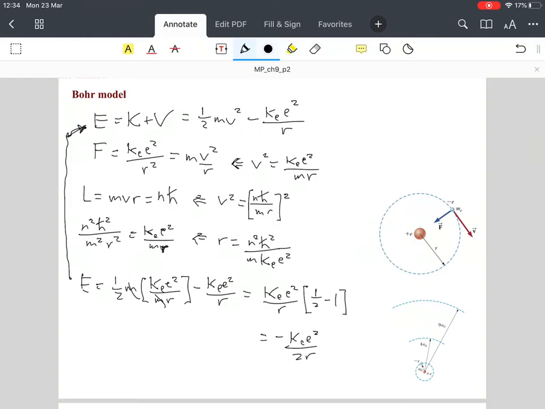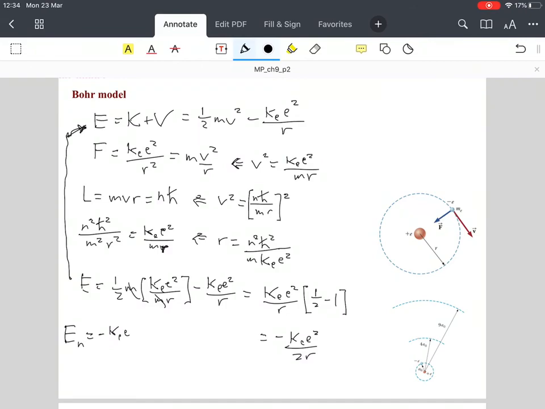And now we can substitute in that r value that we had above. So if we do that, we'll call this En, and what this is saying is that this r value is in terms of n, the quantum number that we've introduced.